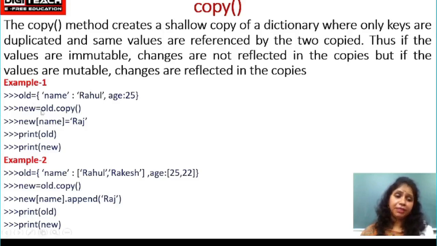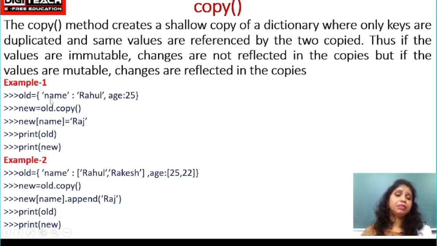Here two variables we have declared, one is old having name Rahul, age 25. You see that the old dictionary variable contains some keys and values, and here the values are immutable because they are string and int. So, when you copy the elements of the old variable to another dictionary variable and then change the copied one, the change will not be reflected in your original variable.